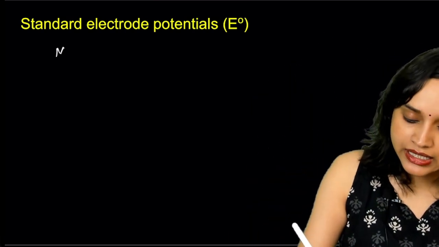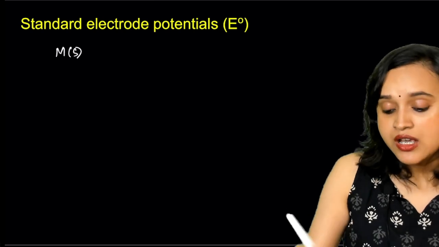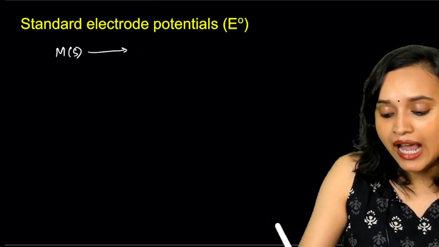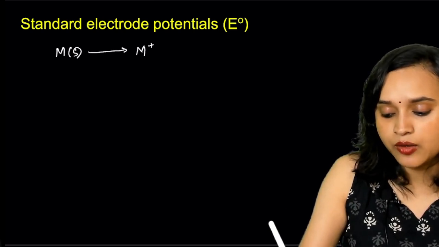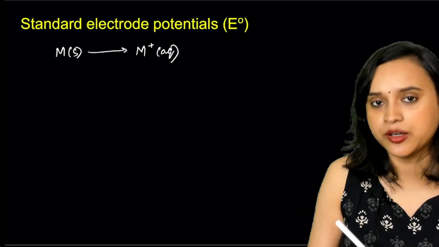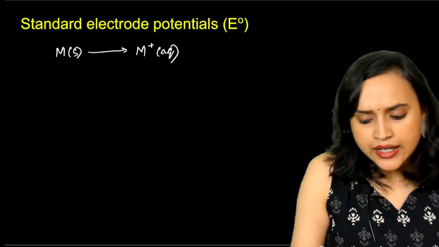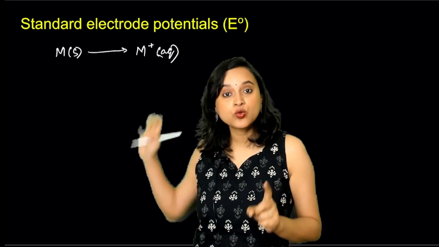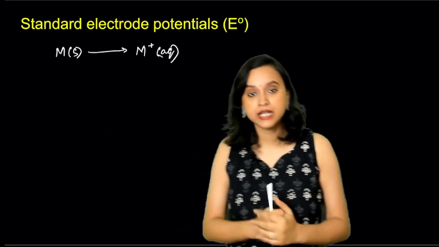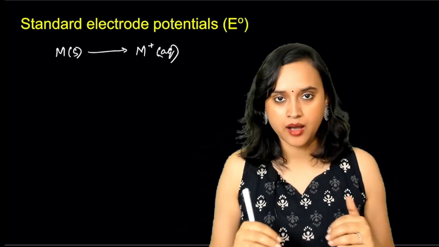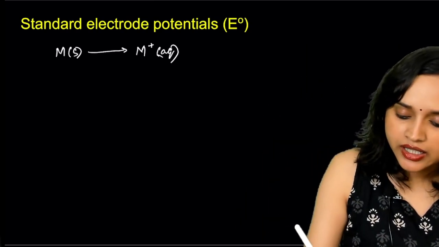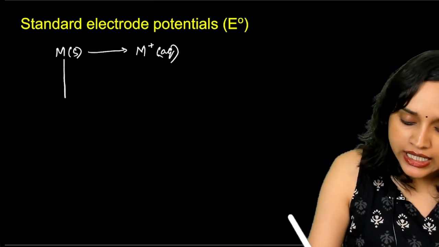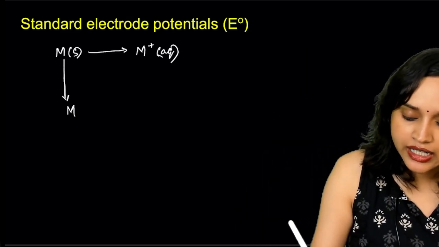So suppose you have a metal in solid state. You have to take this metal to aqueous state, and you have to take away an electron, only then it can be in aqueous state. Correct? Now the way you are seeing it with one arrow, the reaction is not as simple as that. There are a couple of things that happen here. Initially, from the solid state, you will definitely have to take it to a gaseous state.